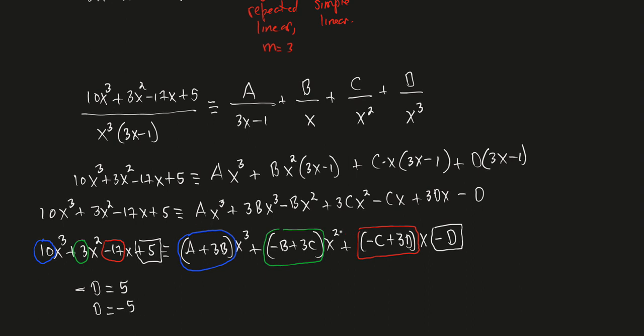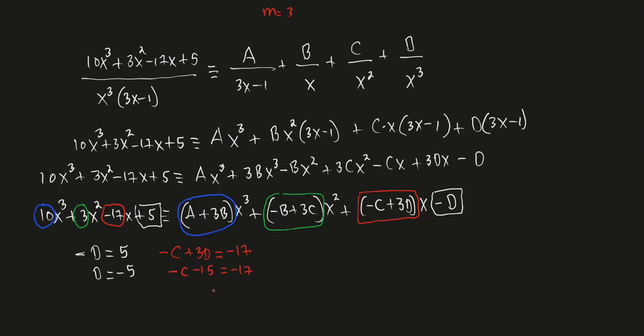Then let's match up the things in red. So the negative c plus 3d, that has to be equal to negative 17. But I know what d is, so I can just plug it in here. So this tells me that negative c minus 15 is equal to negative 17.